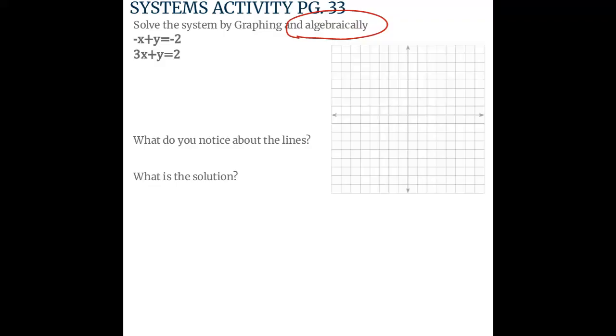And then the other one. Yes. Graph those puppies.